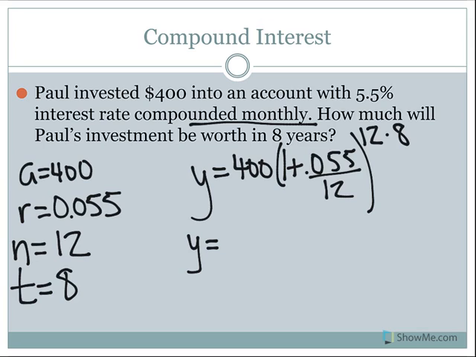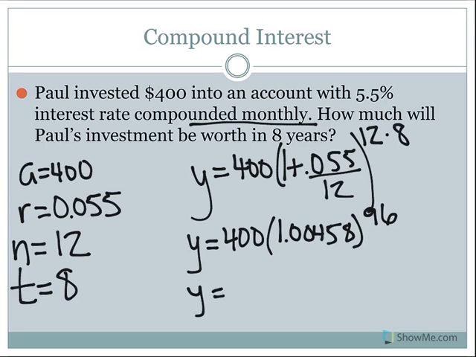So we know we're going to have 400 times, if I simplify in the parentheses, 1.00458, and then 12 times 8, of course, is 96. Then I end up with a value of $620.46.